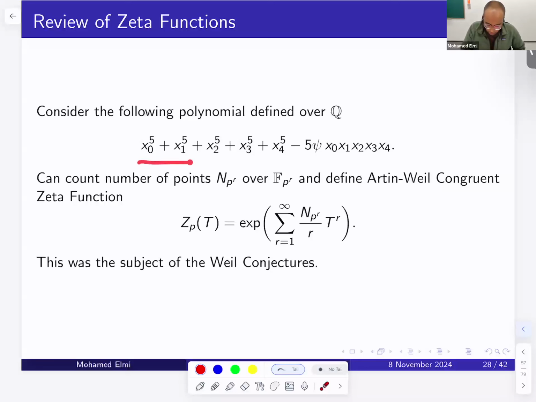So if you have some polynomial defined over Q, so you say this parameter psi is in Q, or really it can be algebraic as well. Algebraic is good enough. You can reduce this mod p and say, well, these x_i's are in F_p or F_p^r. So F_p is just 0, 1, and so on.